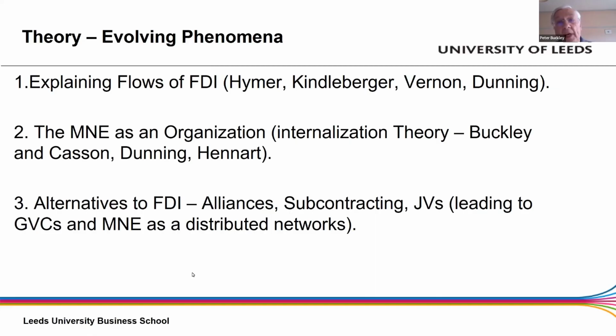There were a number of dilemmas around that I'm going to come to, but the first issue was flows of foreign direct investment. These had become very salient in the 50s and 60s. It became obvious that American firms were investing in Europe, were buying up European firms, and indeed were outperforming European firms.